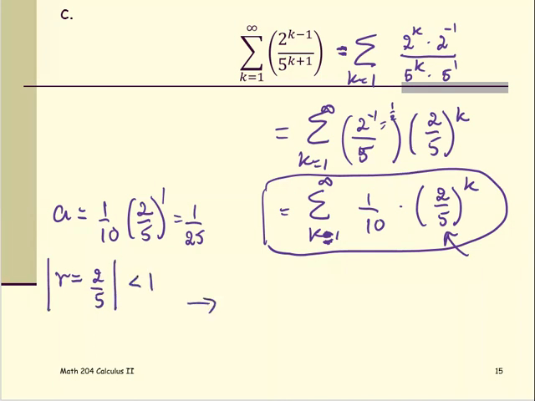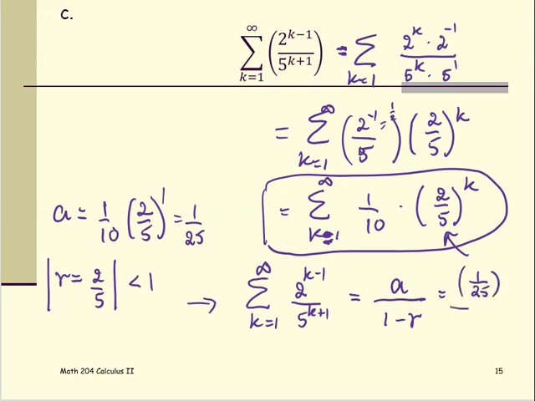So then the geometric series k equals 1 to infinity of 2 to the k minus 1 over 5 to the k plus 1 can be computed as a divided by 1 minus r. And our a is 1 over 25 divided by 1 minus r, as 1 minus 2 over 5.